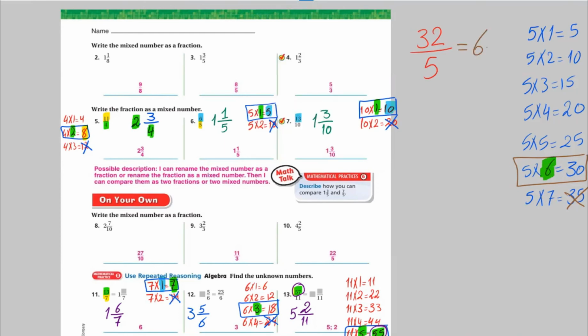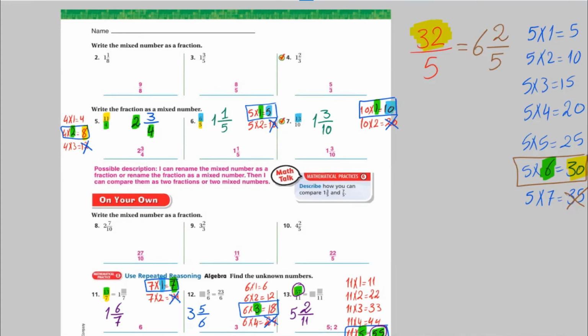And what is the denominator? The denominator is 5. And according to what we have here, we're going to write the numerator. So you have to subtract what minus what? 32 minus 30, so it equals 2. So the answer is 6 and 2 over 5. Got it? Yeah, I got it. Thank you.